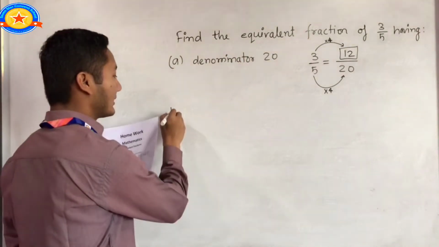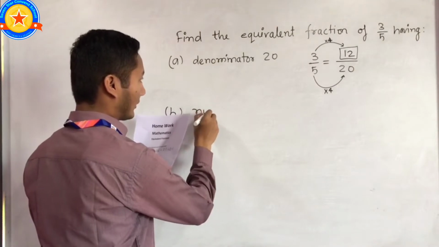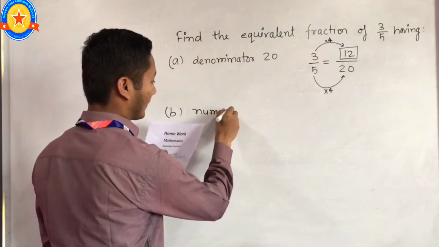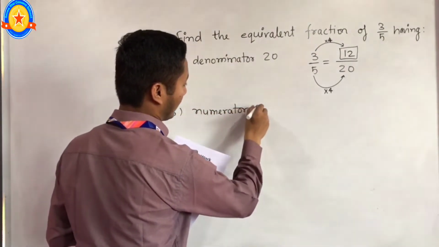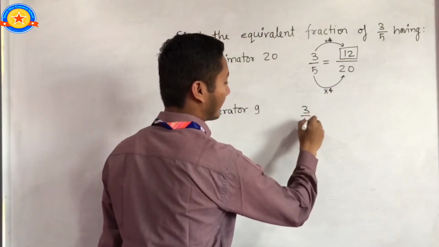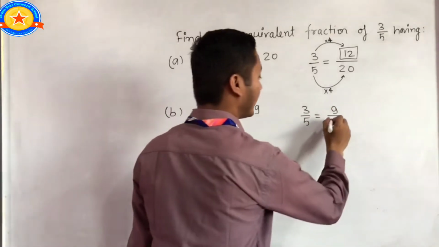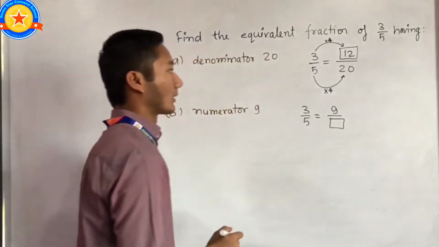The next question is numerator 9. That means our fraction is 3 by 5 and the equivalent fraction's numerator is 9. We need to find this place.